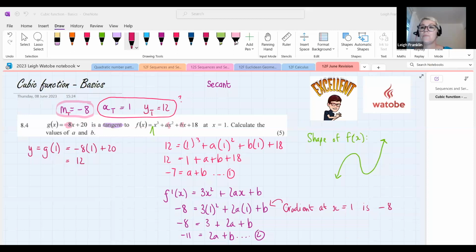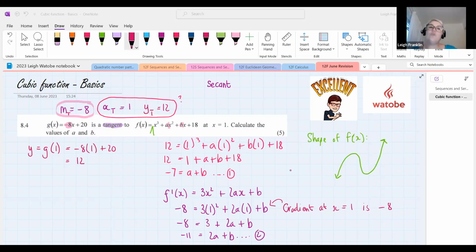Ma'am, let me try to phrase this. Because we know that the equation of a tangent is the derivative at that specific point on the graph, can we say that that gradient is essentially going to be a y value?